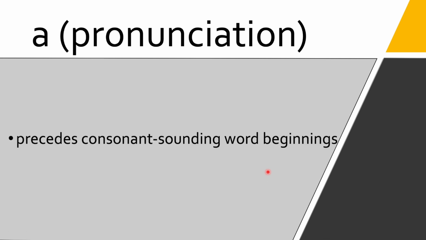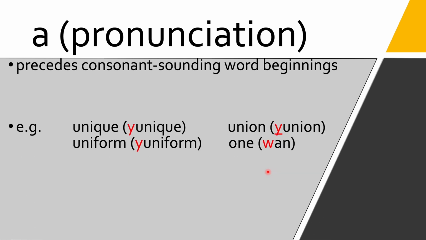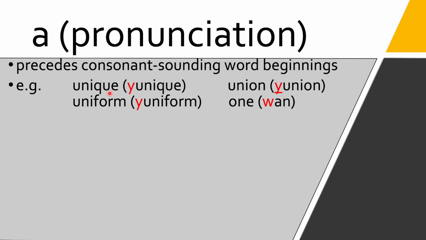Now let's have this pronunciation. Okay, when do we use a? Okay, so if it precedes consonant sounding word beginning. So look at these words. Supposedly, the rule is for consonants, words that begin with consonant letters. But why in this case these words are beginning with vowel U, vowel letter U, and vowel letter O?